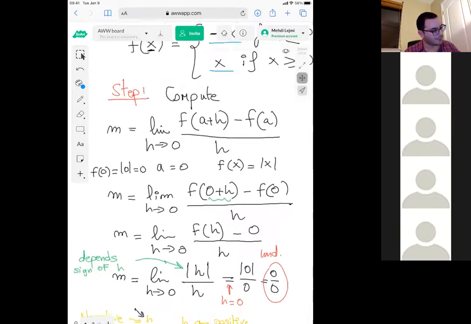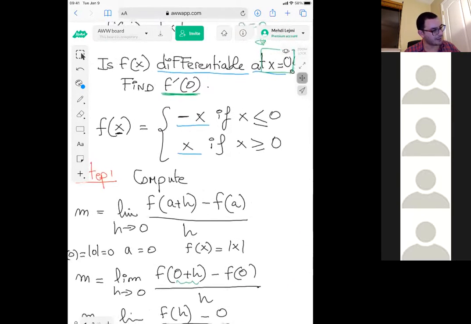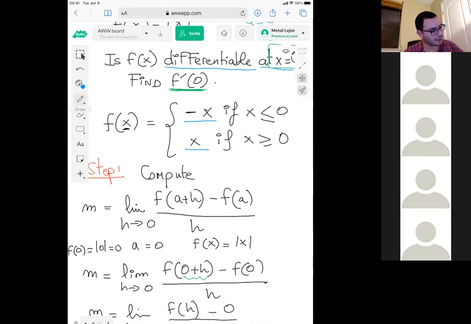The problem with this absolute value of x is that it's actually described by two different equations, right? You have minus x if x is less than 0, and x if x is larger than 0. So that's why we said there is a potential problem at x equal to 0, because that's where x is less than 0 and x larger than 0. So then you have a potential problem with the differentiability at x equal to 0.